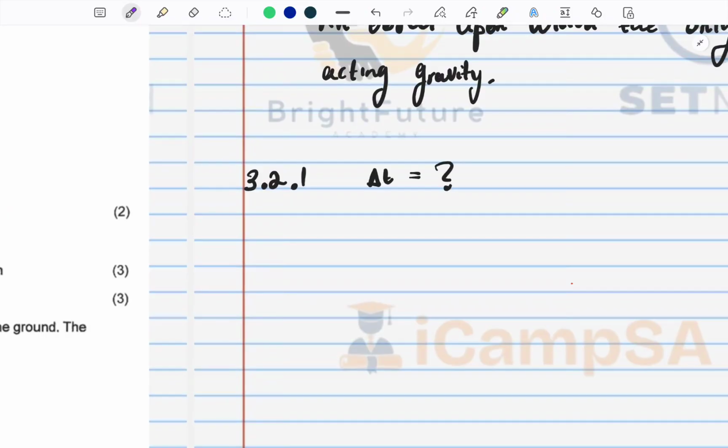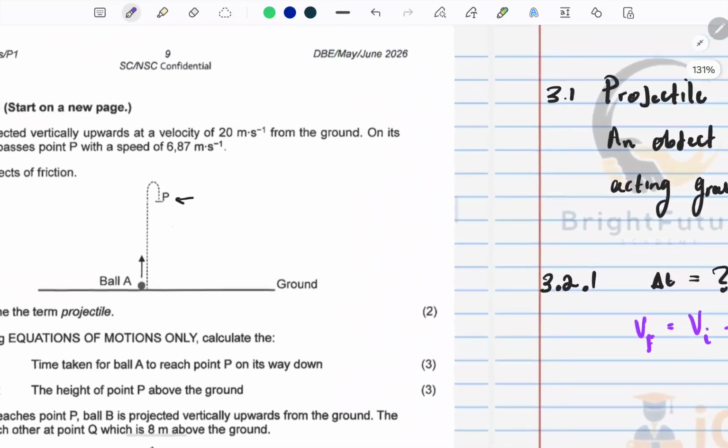The easiest one here is Vf equals Vi plus a times delta t. Why are we using this one? Because we've got the final velocity when we get here, which is 6.87, and from this point, we had 20 meters per second.